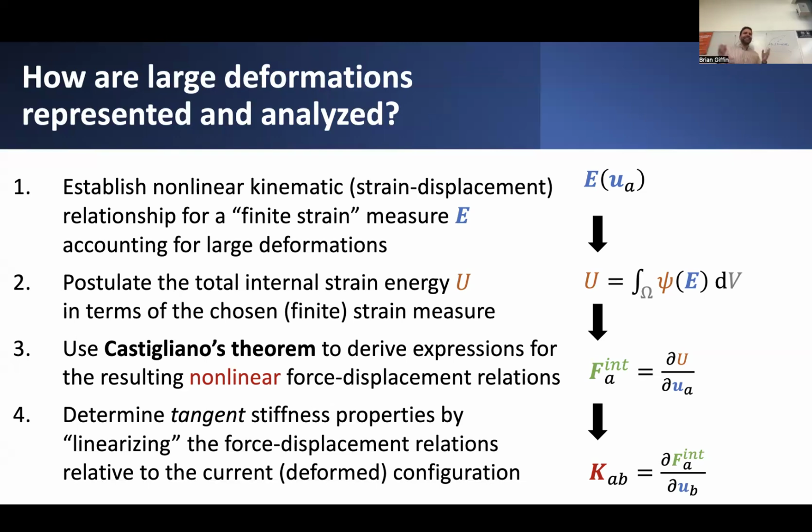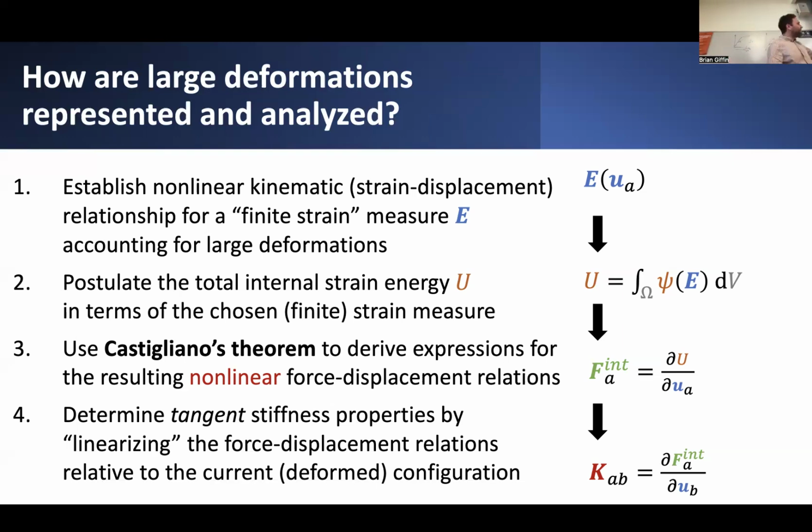And to really understand that, we have to go through this process of actually establishing a particular nonlinear relationship between some new strain measure and the displacements that might occur in the structure. Once we have that, then we can go about deriving the new nonlinear relationship between displacement and internal force in the structure.